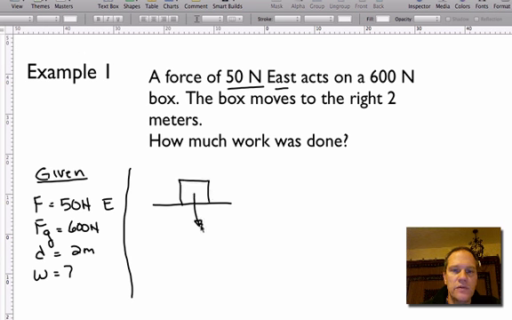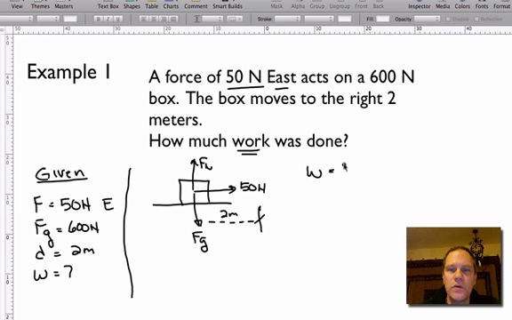So we have the force of gravity going this way, we've got our normal force, and we have this applied force of 50 newtons. And it moves this way 2 meters. Since we want to know what work is done, we know that work is force times distance.